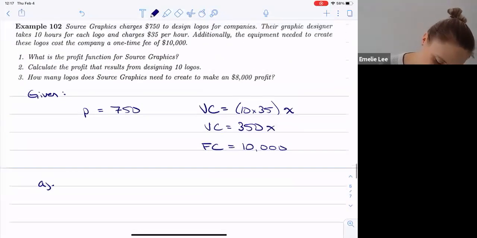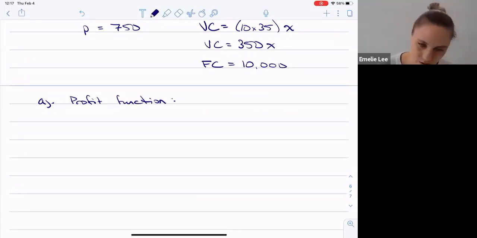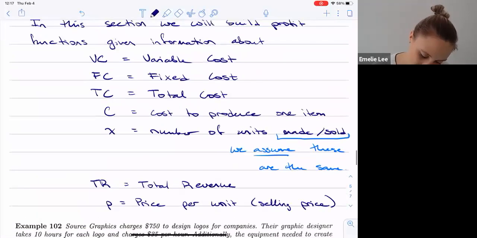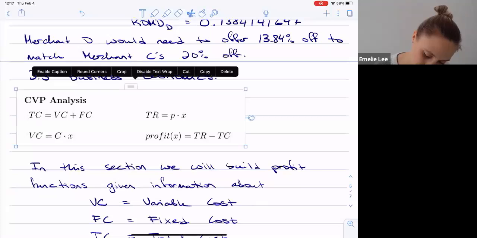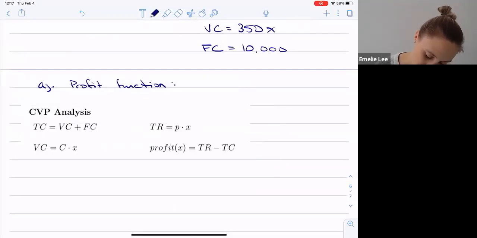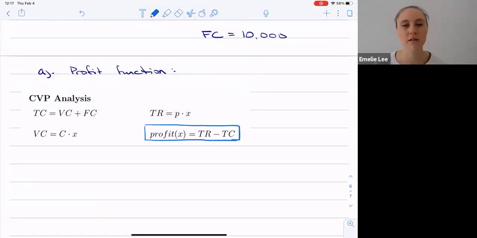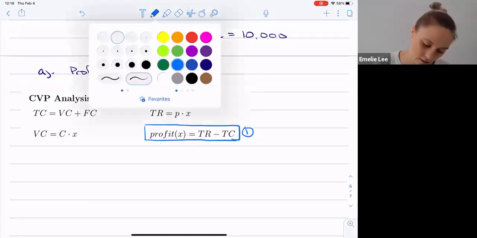So part A, we want to find the profit function. So like I said, you want to kind of start, and I'm going to grab this again. So this is what we want to build. We want to build a profit function. Right? So this is where I'll start, number one.